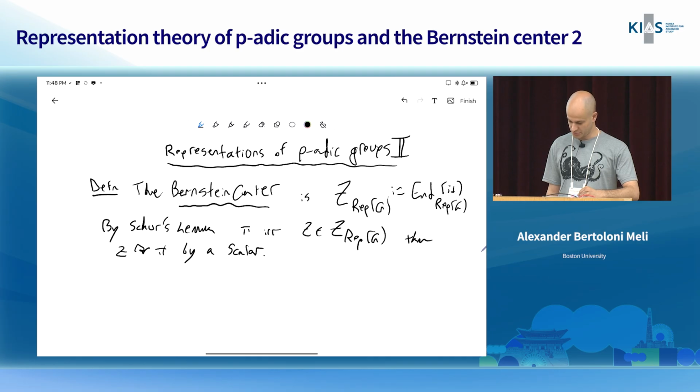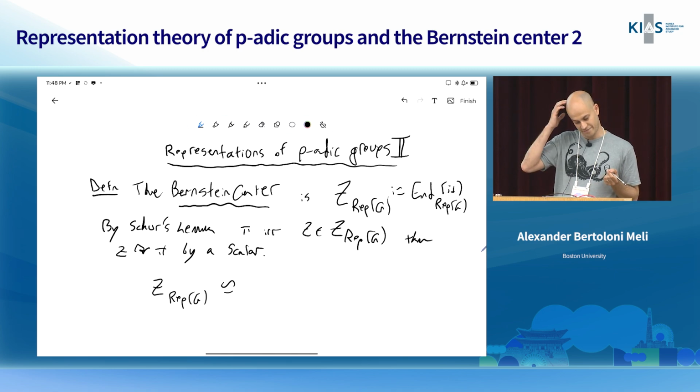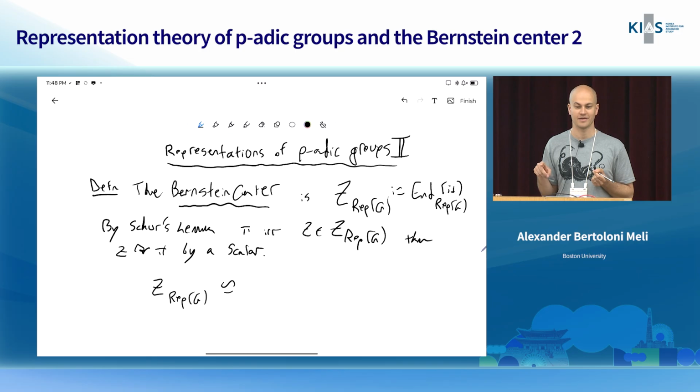So one thing that is true is that the center is, let's see, if you have some associative ring R, and you have a category of R modules, then I think the center is literally just the center of the ring.